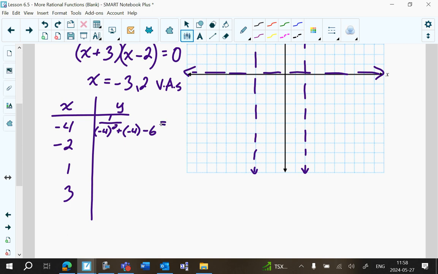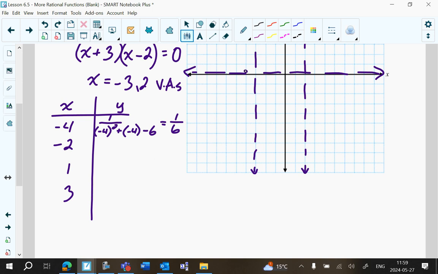So this is 16 minus 4, which is 12, minus 6, which is 6. So we get a sixth. So -4 gives 1/6. It's down there, and I know the curve shape it takes in that section.